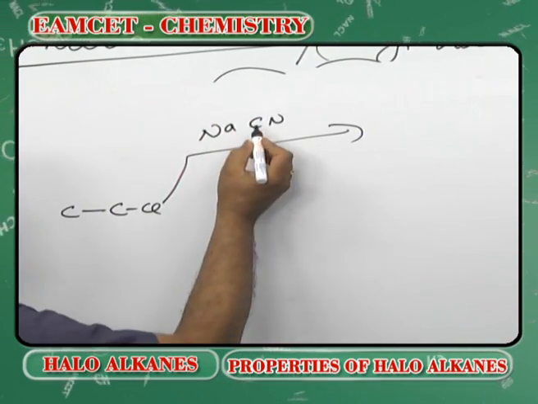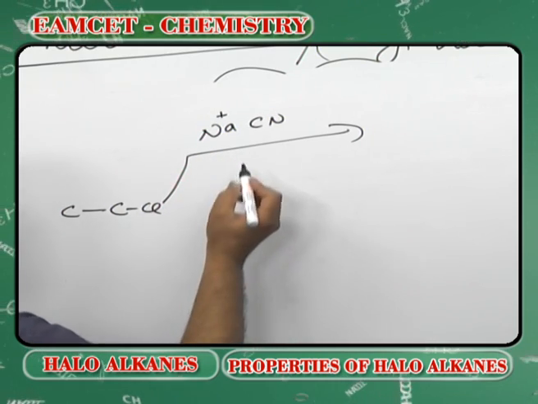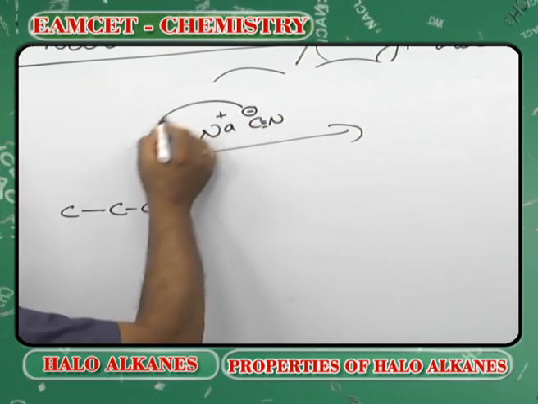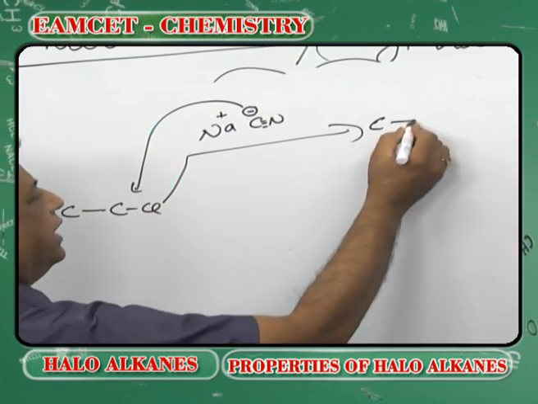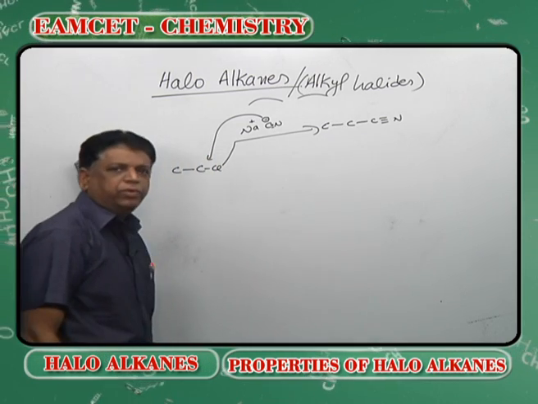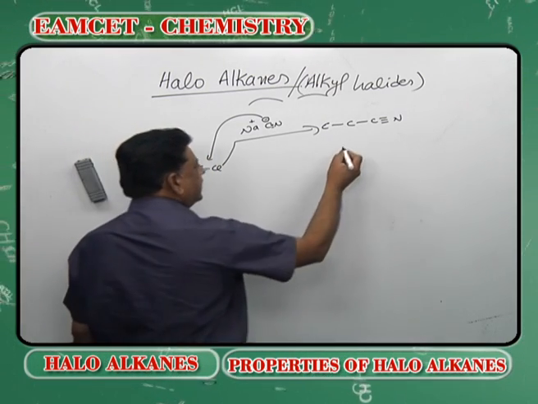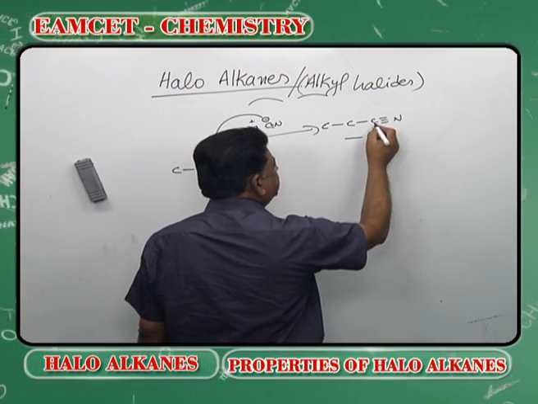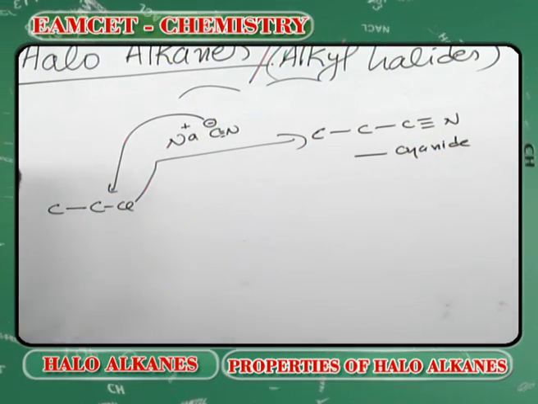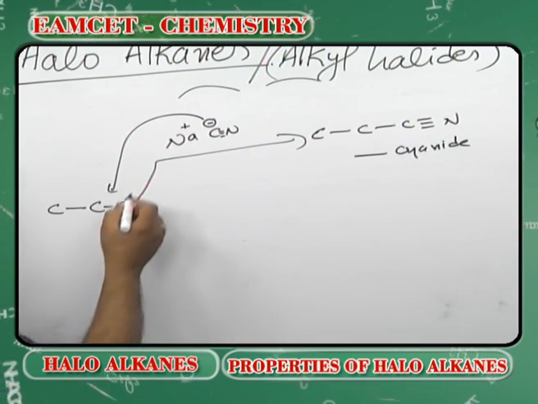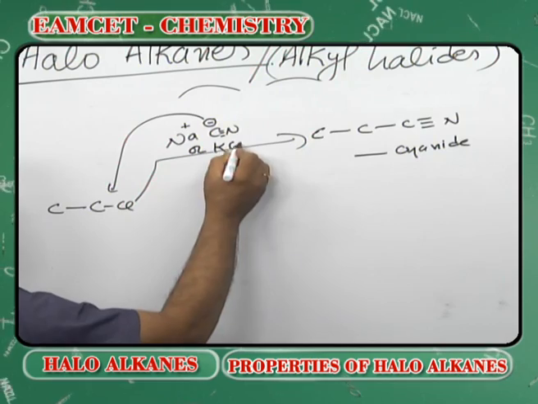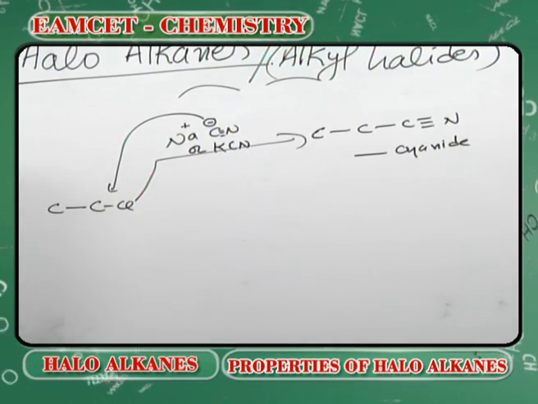Na will be plus, however in the C triple bond N the minus charge is on the C. Therefore, what you are going to get is ethyl plus C triple bond N. Such a compound is called alkyl cyanide. So, ethyl cyanide is the product. Instead of sodium cyanide, you can also take potassium cyanide. Same reaction, you will get ethyl cyanide.